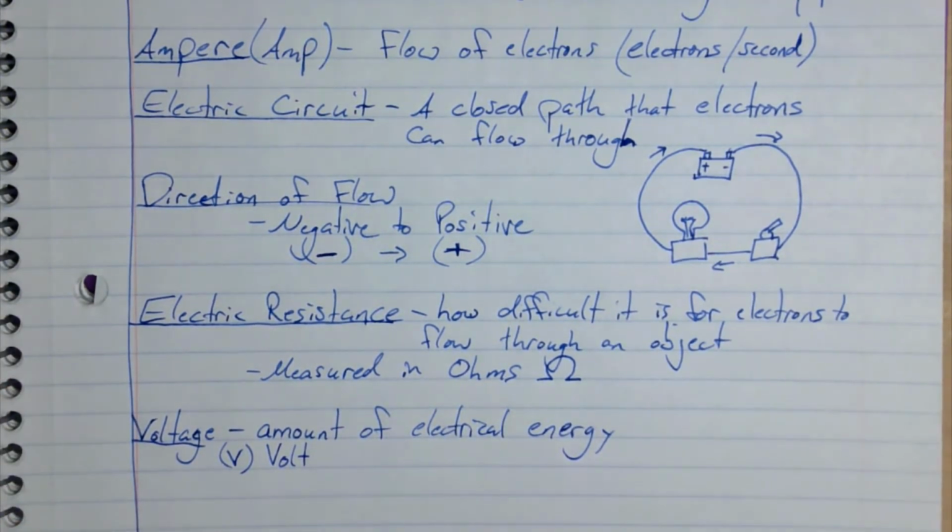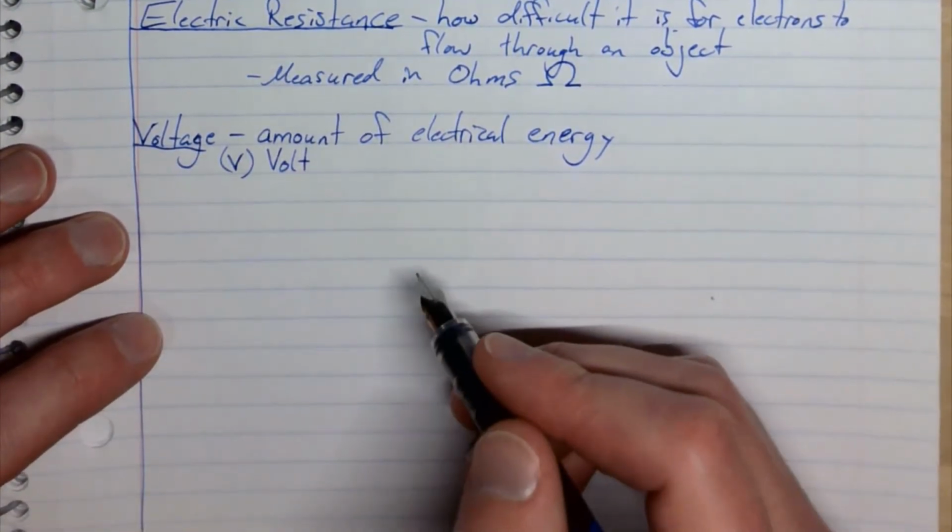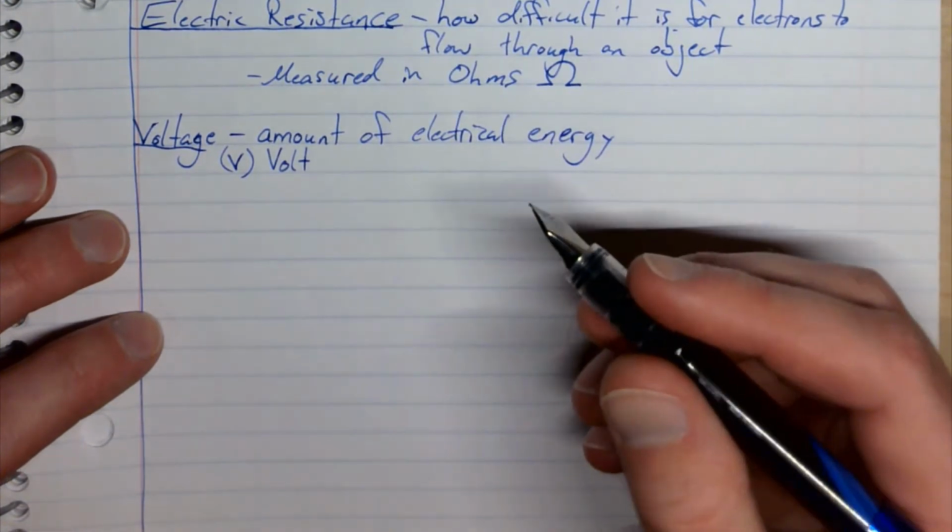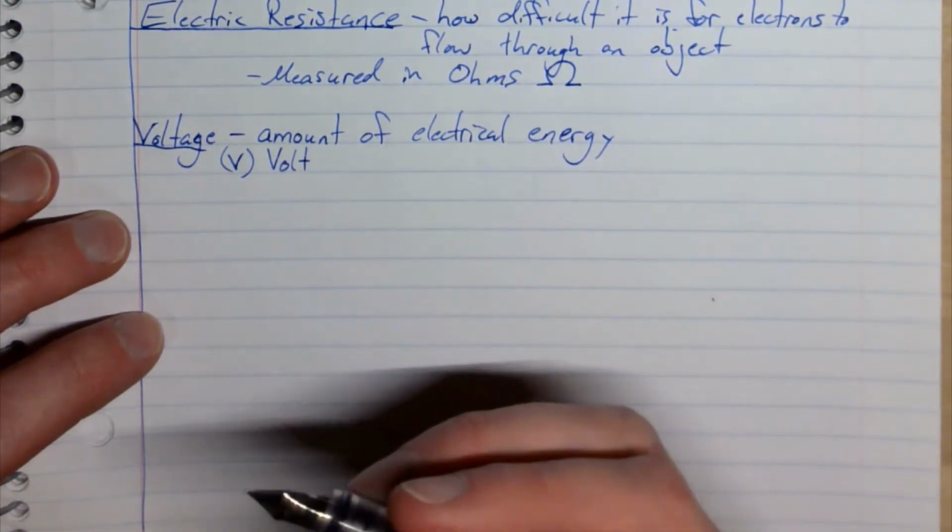So we could have a battery that would be like 1.5 volts, or a 9 volt battery, or 12 volt. And those things, the resistance, the voltage, and the amperage, give us this thing called Ohm's law.